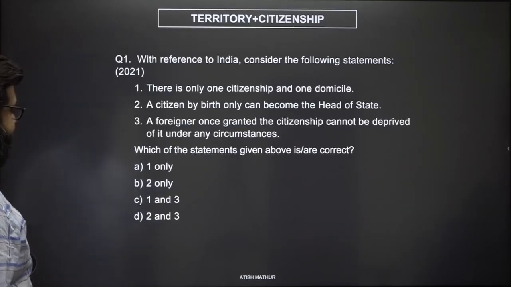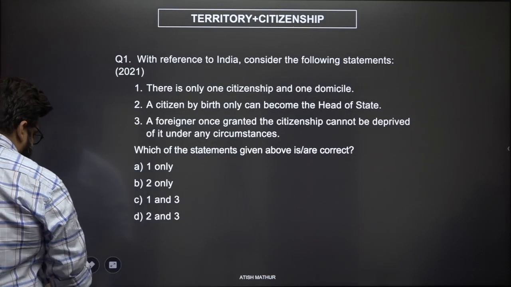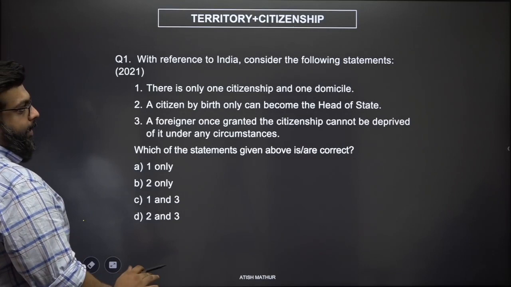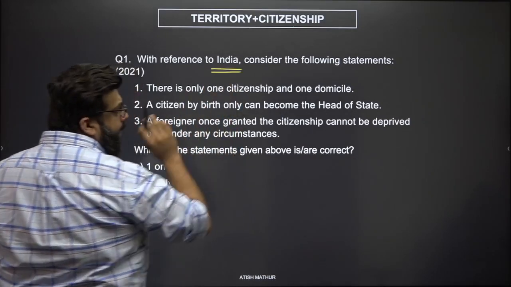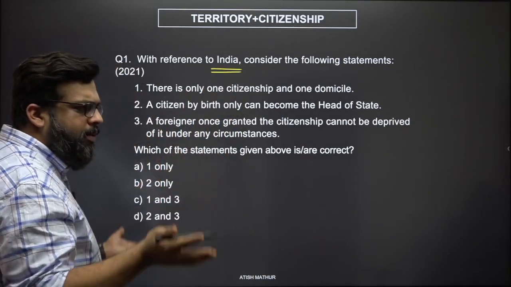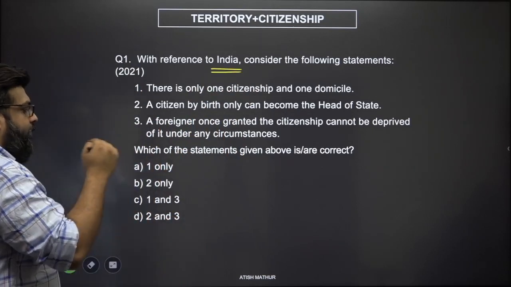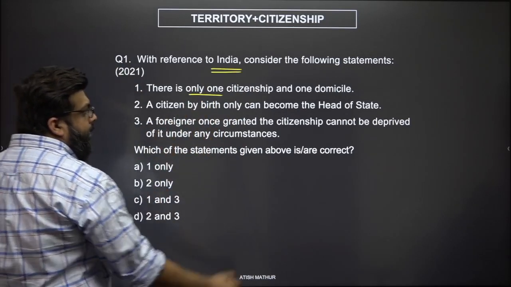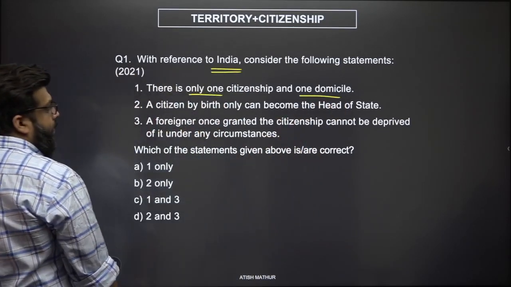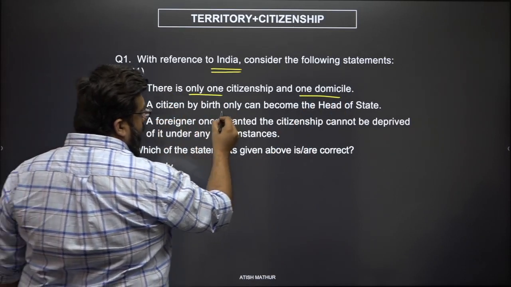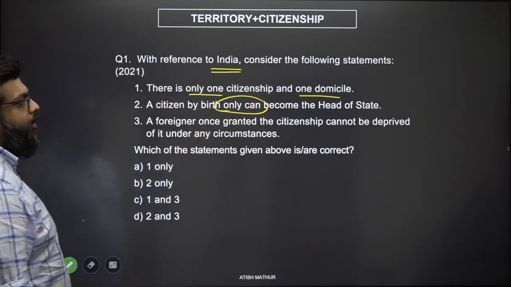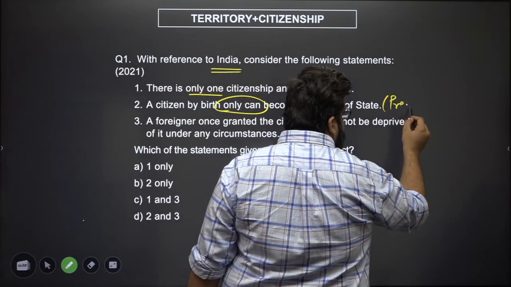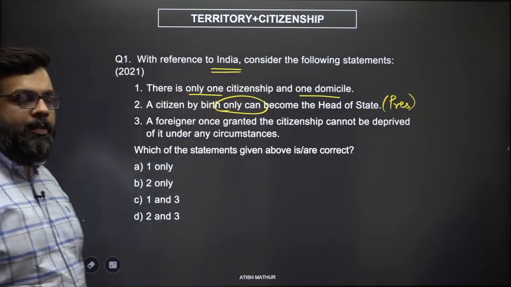The first question. You can pause the video and try and solve it if you want to. With reference to India, which means it's talking about India, it's not referring to the Constitution, which is also a part of India. Consider the following statements. There is only one citizenship and one domicile. A citizen by birth only can become the head of the state, which is the president, which means only a person who has citizenship by birth can become the president.